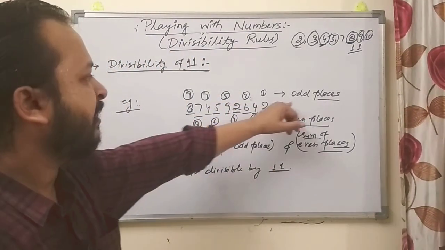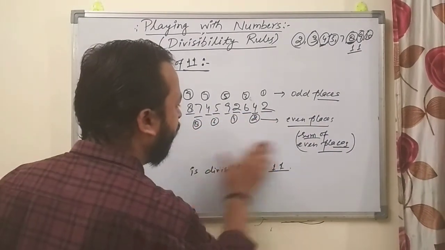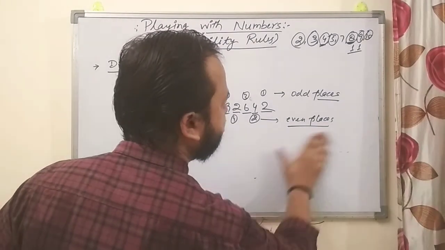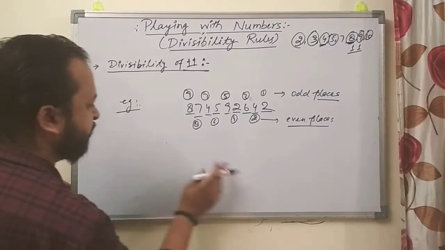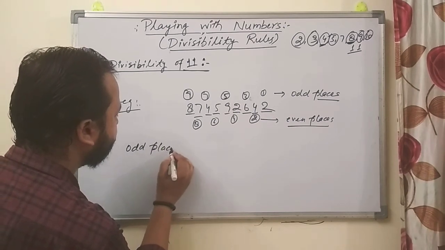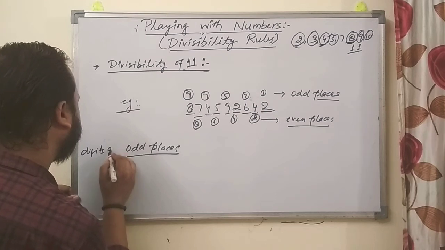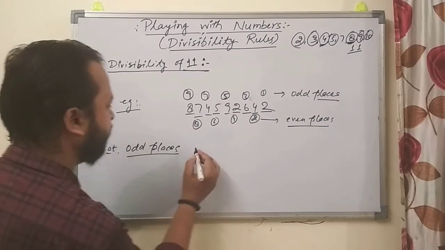It means we add the digits at odd places, find the sum of the digits at odd places, and likewise the sum of the digits at even places.